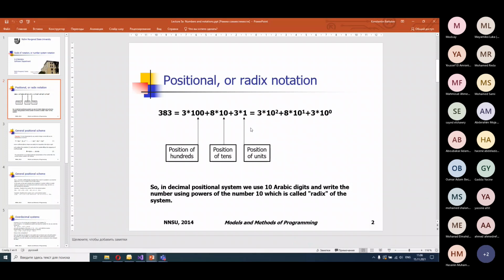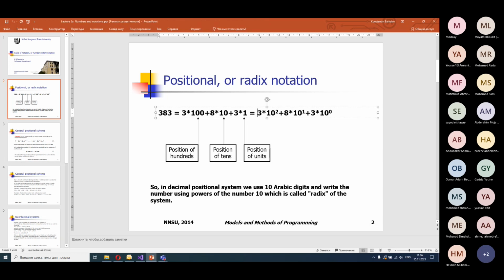This number can also be written in this form: 3 times 10 power 2 plus 8 times 10 power 1 plus 3 times 10 power 0. 10 power 0 is 1. 10 power 1 is 10. 10 squared is 100.